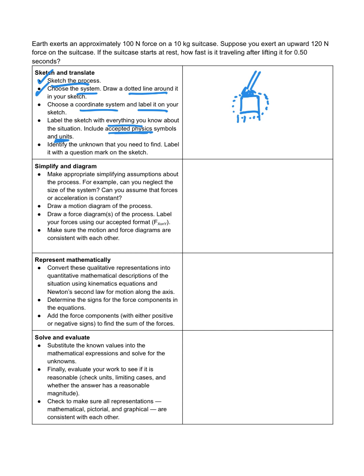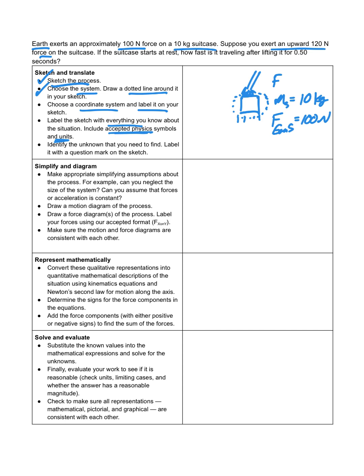So I'm going to go through and find out everything I know about this. It says that the Earth exerts that much force on the suitcase. So the first thing I'm going to label, and I'm going to put this down closer to the Earth: the force of the Earth on the suitcase is 100 newtons on a 10 kilogram suitcase. Something else I know is that the mass of the suitcase is 10 kilograms. It says suppose you exert an upward 120 Newton force on the suitcase.